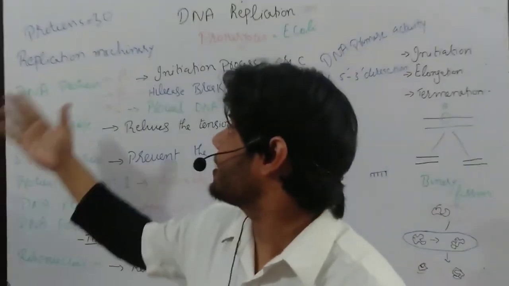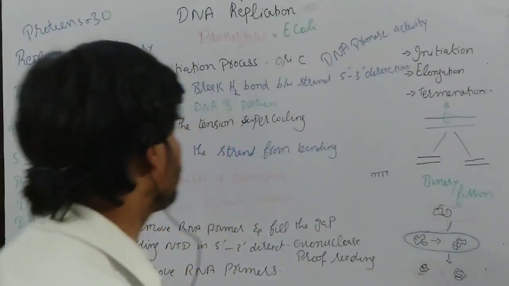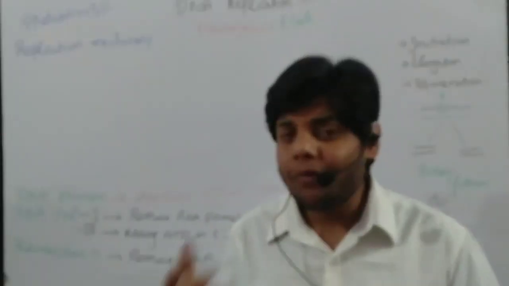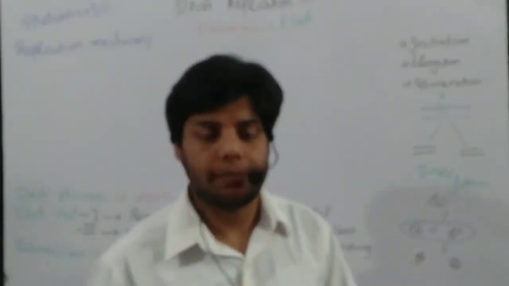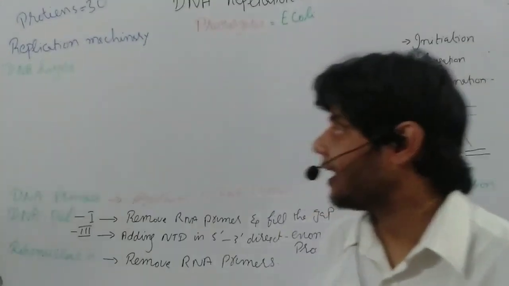So let me erase this upper side and write some other proteins which are also involved in DNA replication in prokaryotes. Then we have another enzyme, DNA ligase. All of you should know the job of DNA ligase.